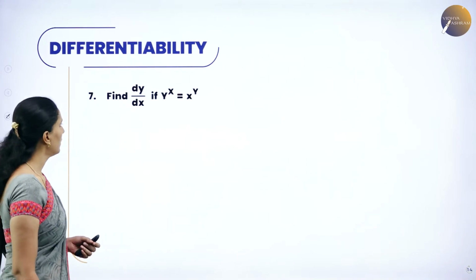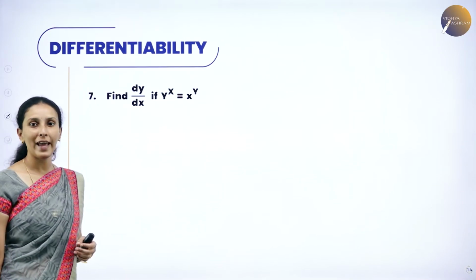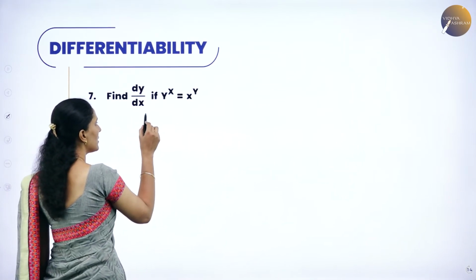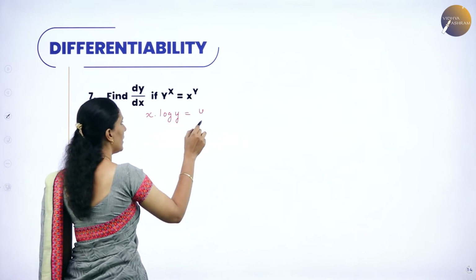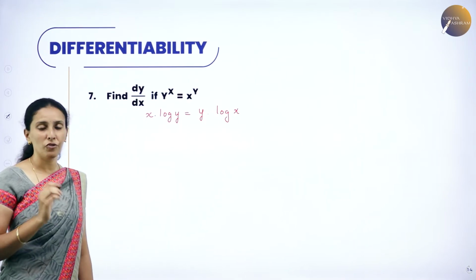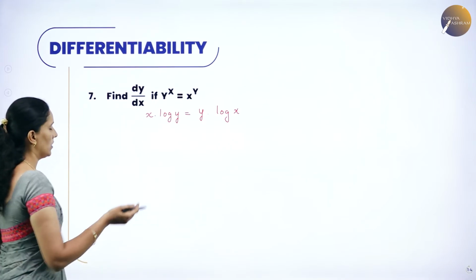Next we have find dy by dx if y power x is equal to x power y. Clearly let us apply log on both sides. Then this becomes x into log y, y into log x. So both sides we have two functions, so apply the product rule on both sides.